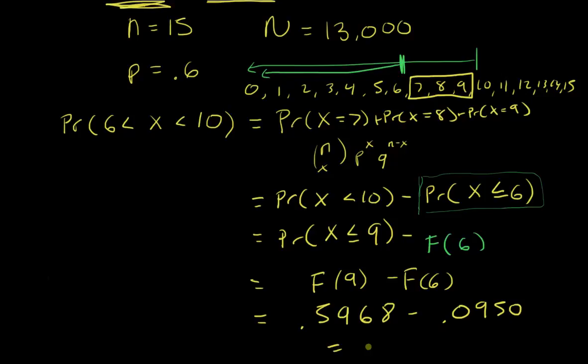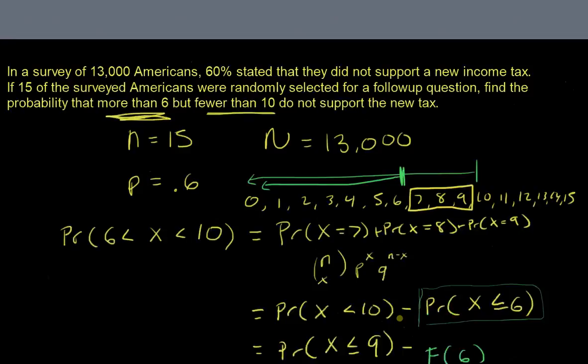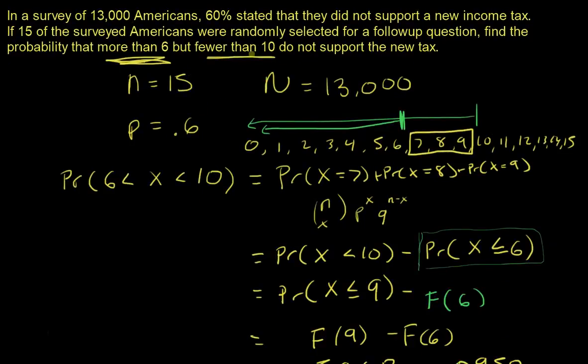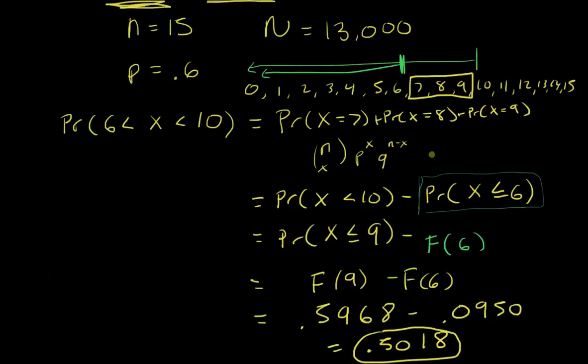Subtract these two, and you get 0.5018. All right, so the probability that more than 6 but fewer than 10 of the 15 randomly selected Americans do not support the new income tax is 0.5018.